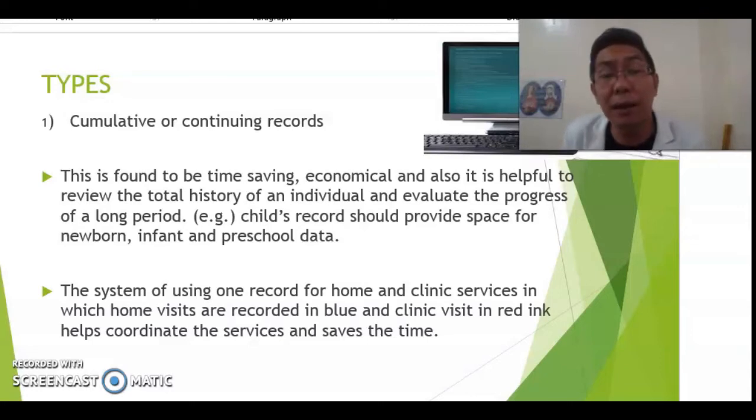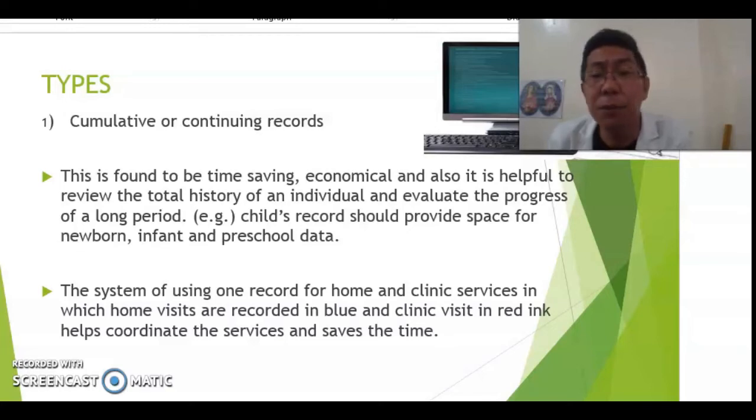For example, a child's record should provide space for newborn, infant, and preschool data, because they grow and develop from being a newborn, so you have to make sure that you know the development of the baby or the child. That's an example of cumulative or continuing records, for example their immunization, age, weight, and height.